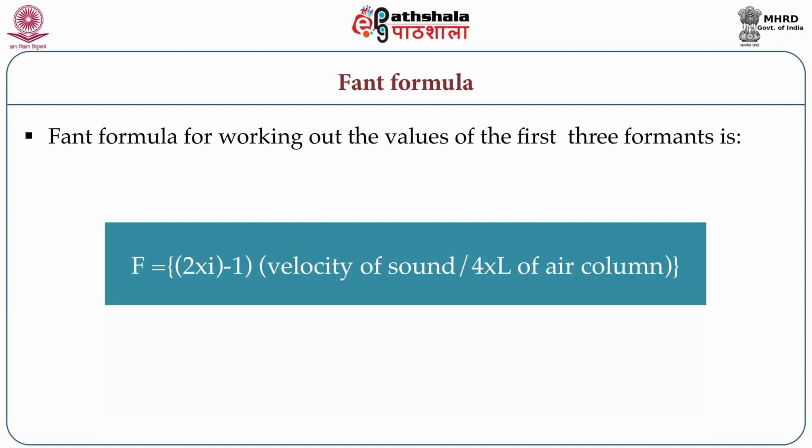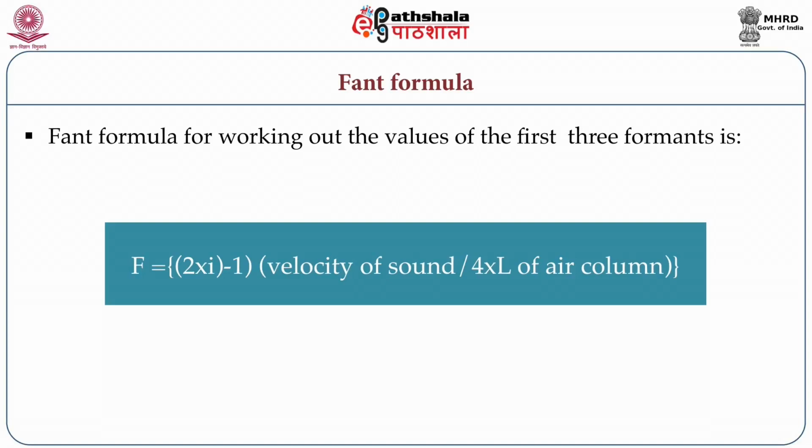F for formant is 2 multiplied by I, where I is the number representing the first, second or third formant. So I can be 1 for F1, 2 for the second formant, and 3 for the third formant. Then minus 1, this entire factor is multiplied by what you see in the next bracket: velocity of sound divided by 4 times the length of the air column.